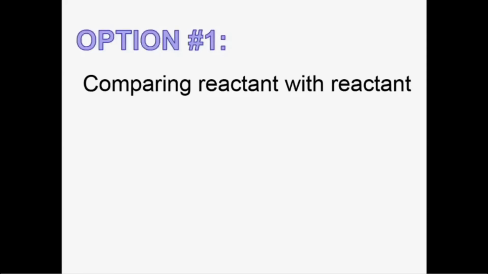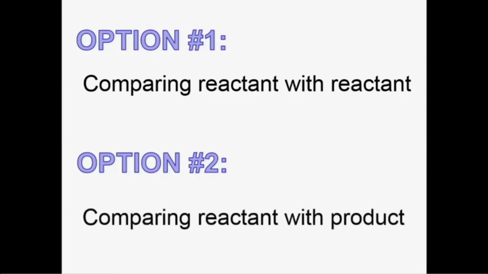Another option that we can use to determine which reactant is going to be the limiting reactant is the second option. In this second option, we are comparing reactant with product. Even though there are 2 options, you can use either one of these options.